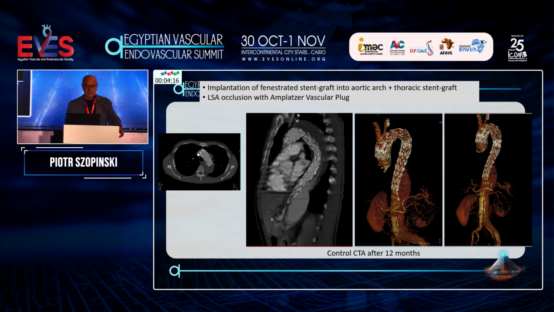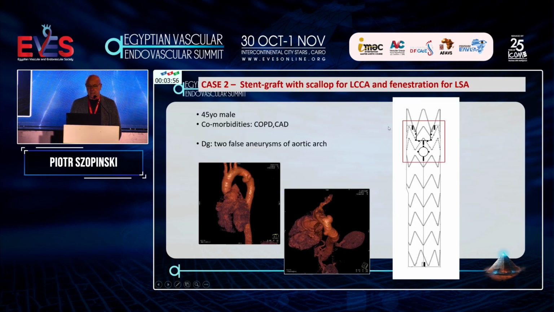And here you can see the pictures after the implantation of this device with the fenestration that makes space for the bovine arch, and that was one of those patients in whom we used an Amplatzer plug in the LSA to avoid the endoleak.